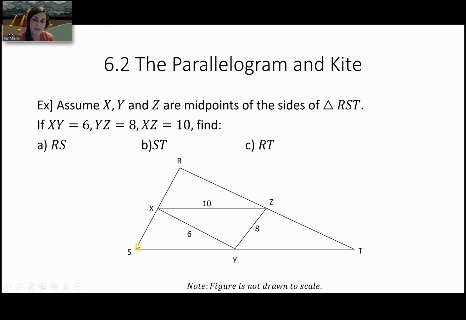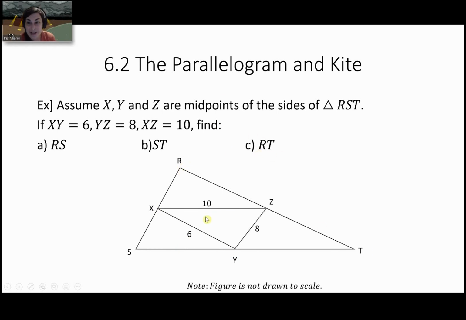So there's going to be a relationship between ZY and RS, which is one of the things we were asked to find the length of. ST as well for part B. And then finally, the link between midpoints X and Y, this length 6 edge, is parallel to and has a relationship with line segment RT, and that's the one in part C.